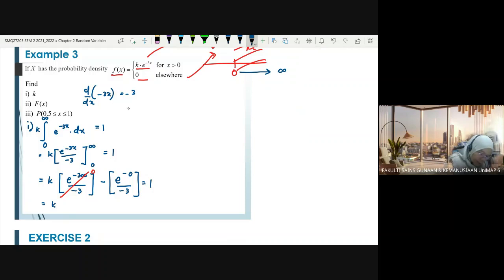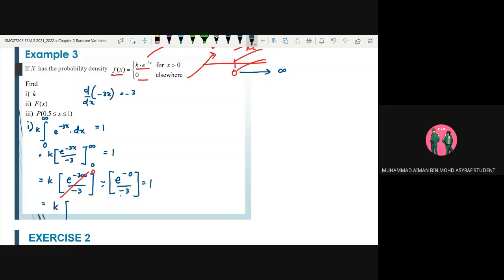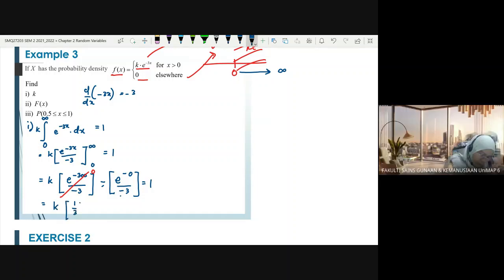So K, negative, negative, so you get positive. K times 1 over negative, negative 1 over 3. 1 over 3, yes. Equal to 1. So K would be equal to 3, right?